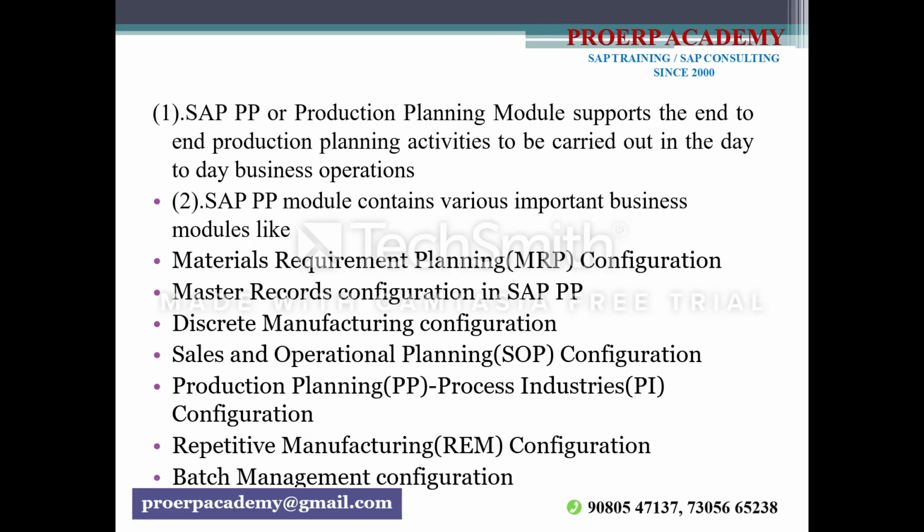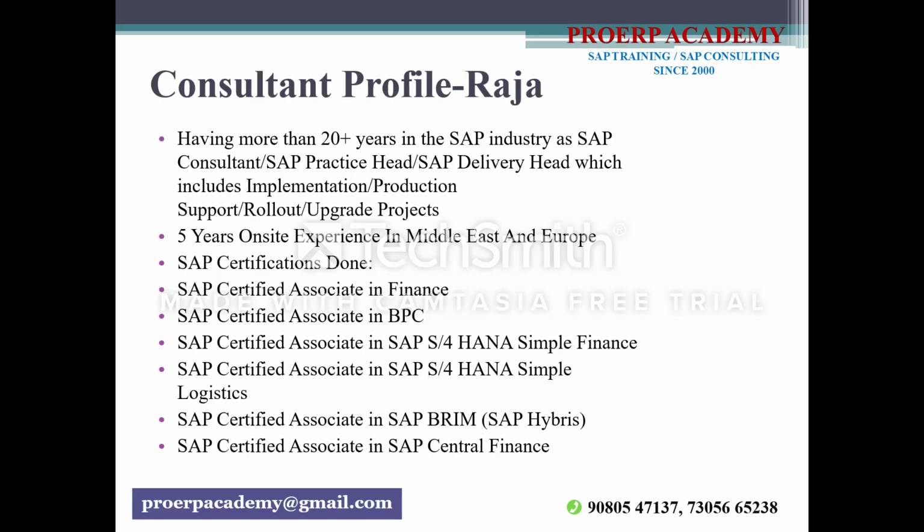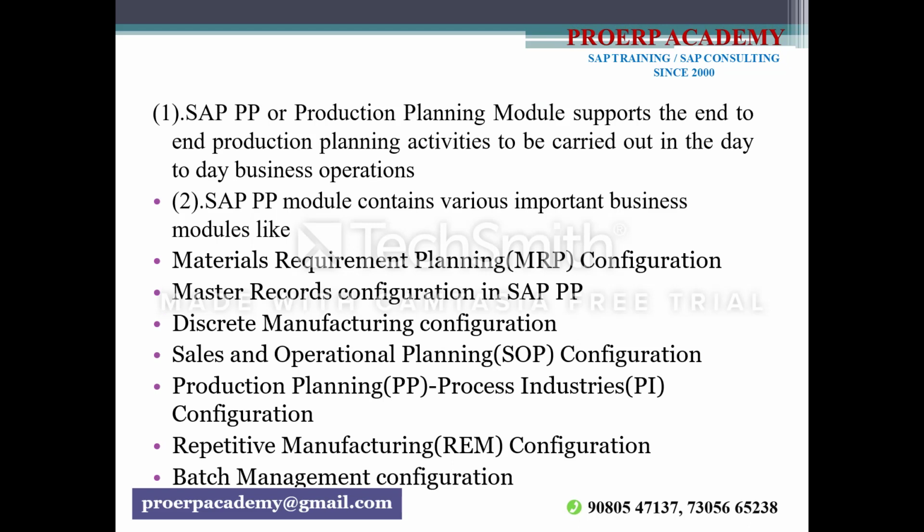We have discussed many different activities which need to be carried out in the production planning module. For example, we have to implement material requirements planning configuration, that is MRP configuration. We have to implement master records configuration, discrete manufacturing configuration, sales and operations planning configuration, and process industries configuration.